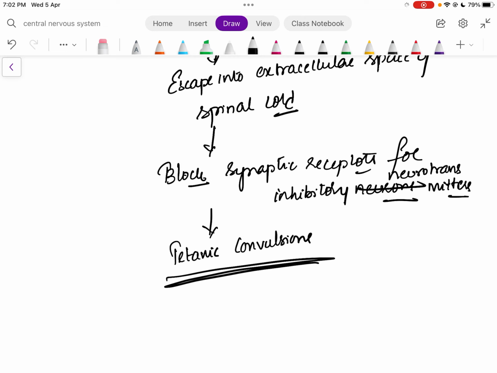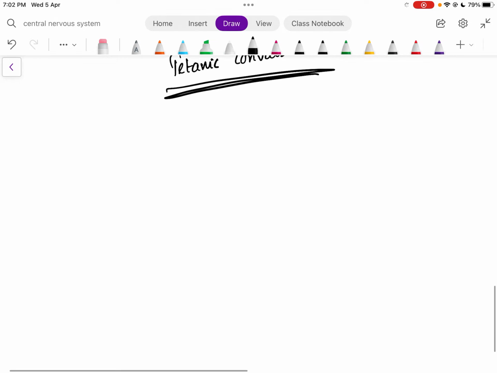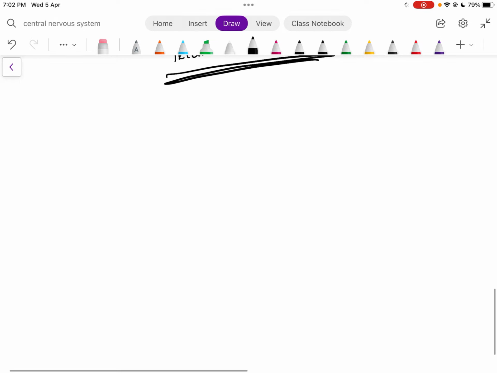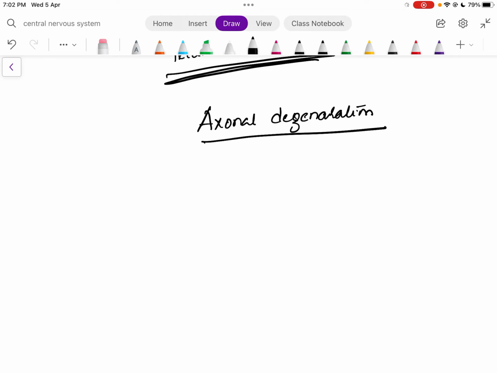Now, we'll discuss one more important topic regarding neurons, that is axonal degeneration. What will happen in axonal degeneration?